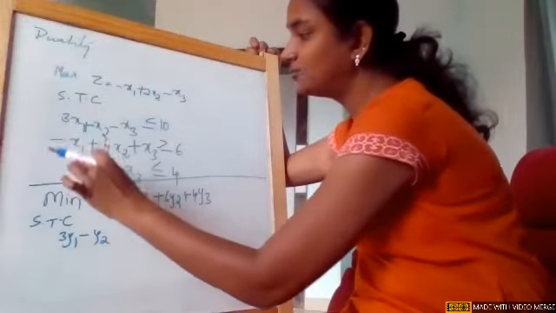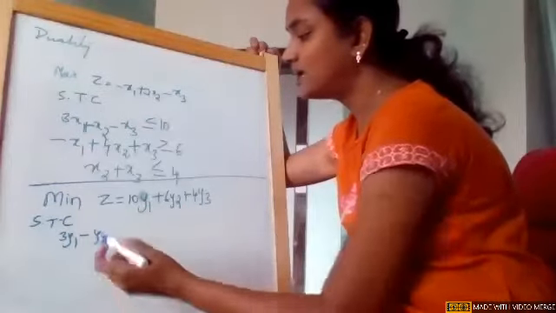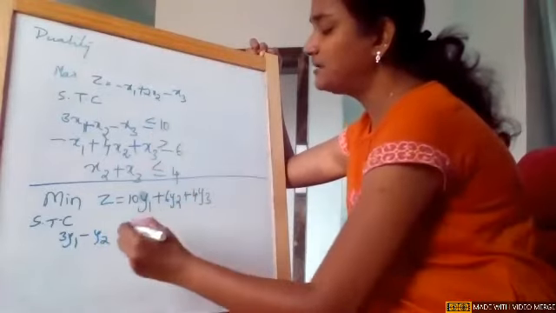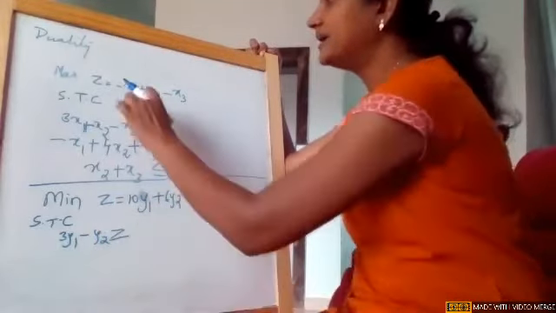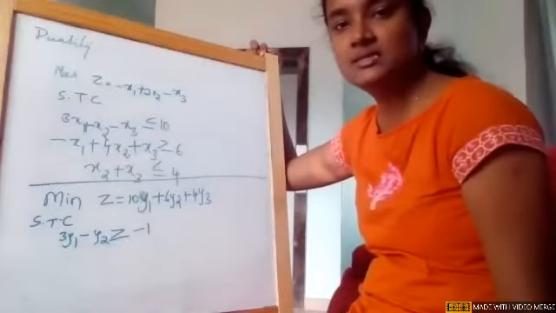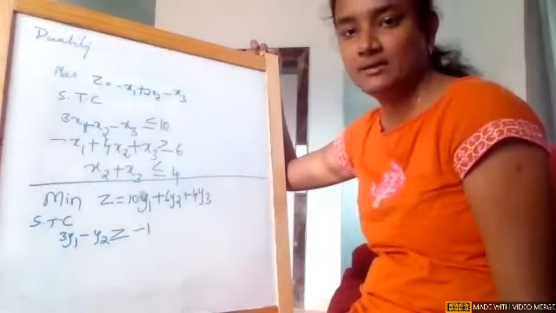Assume y1, y2 and y3. So y3 is not there, so it will be 0. As for the first equation, we have less than, the opposite of it will be greater than, minus 1. Okay, girls, this is how we are going to modify.